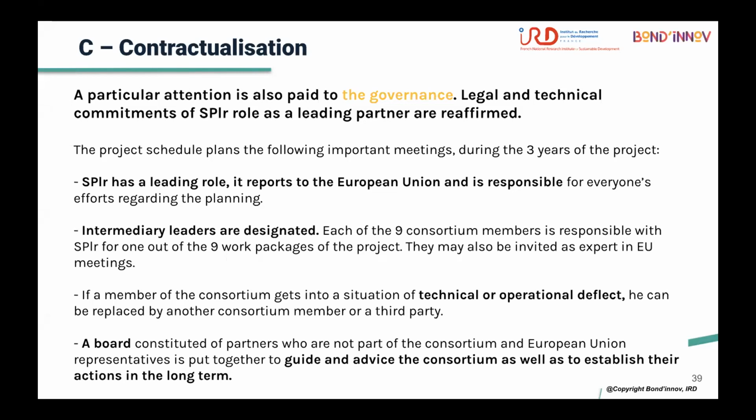So we need to designate a consortium member lead, and this group could be considered as the intermediary leader of the consortium. So if a member of a consortium gets into a situation of technical or operational defect, he can be replaced by another consortium member or a third party.